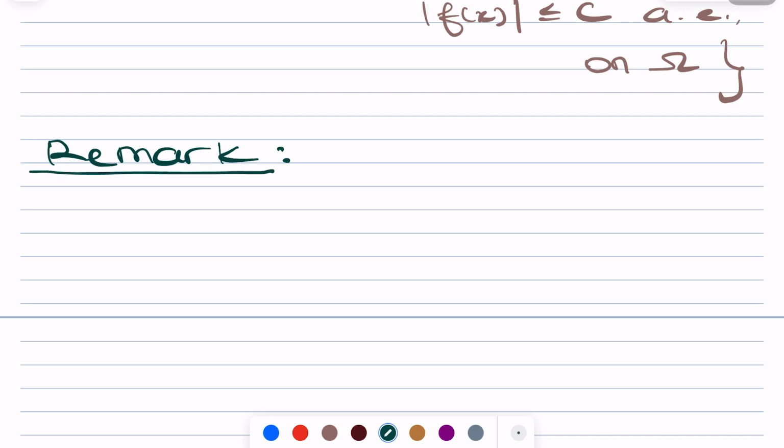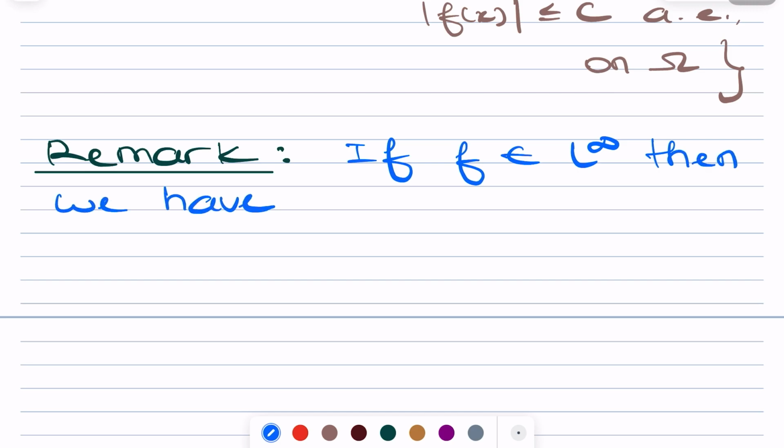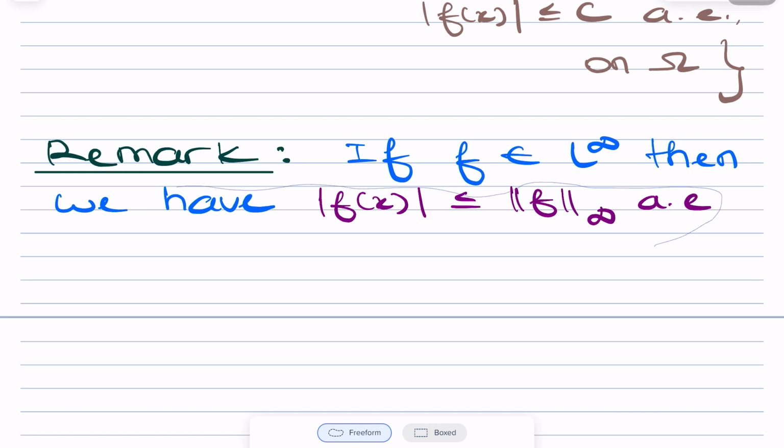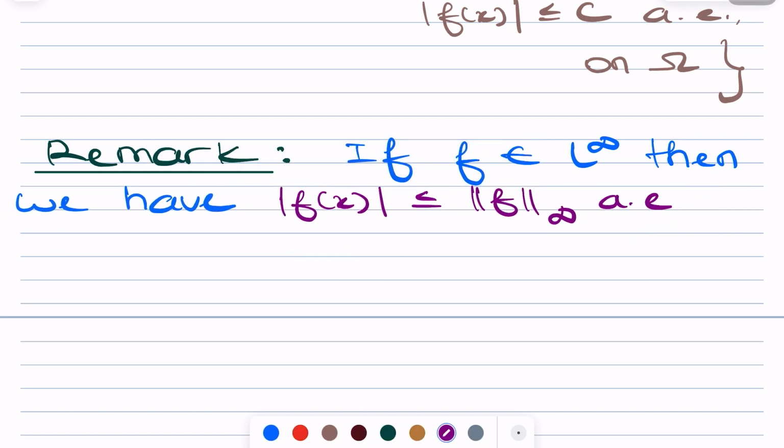If f is in L infinity, then we have the absolute value of f of x is less or equal than the norm of f infinity almost everywhere on omega. Good. You can prove it as an exercise if you want.